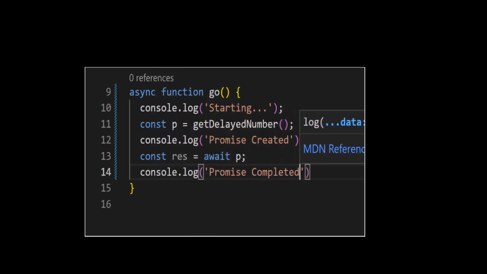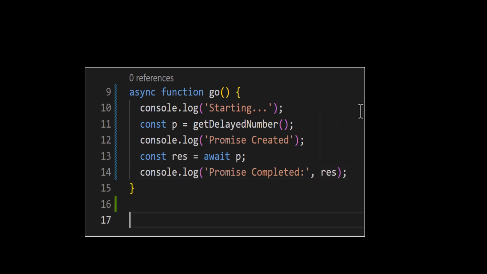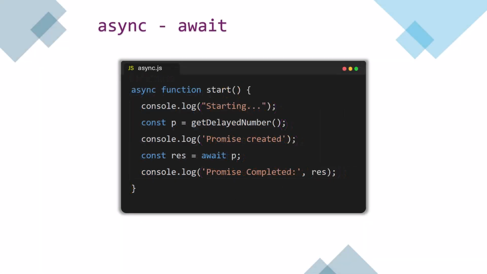When we use await, something interesting happens. If we write something like let p equals getDelayedNumber and then await p, the await keyword effectively ends the function right there. Even if there are more lines of code after the await, as far as JavaScript is concerned, the function ends right there, making it run instantly up to that point.